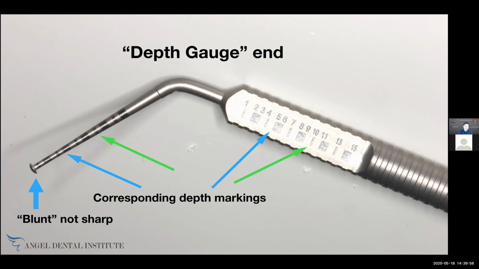So you could see that if the osteotomy goes to that line, then you know you're at 5 millimeters. And also at the tip of that depth gauge, you notice that it has a blunt end, so it's very safe. You could put it in the maxilla. You don't have to worry about puncturing. So this is a great tool to check how your osteotomy is going, okay?